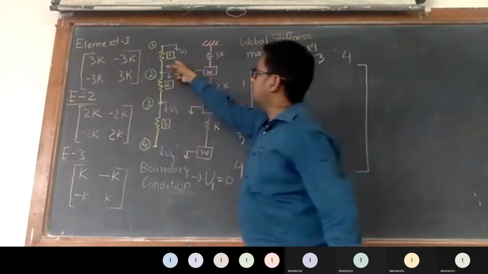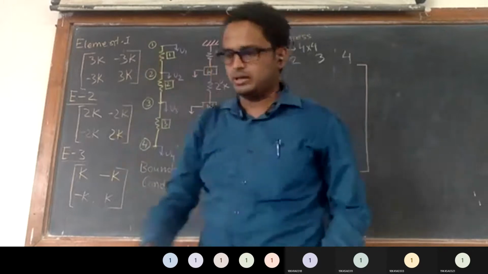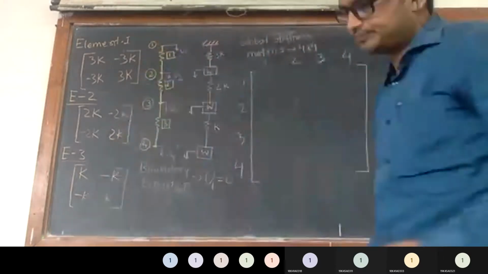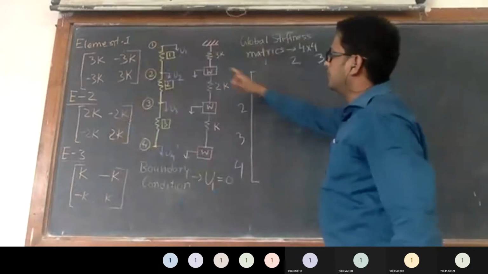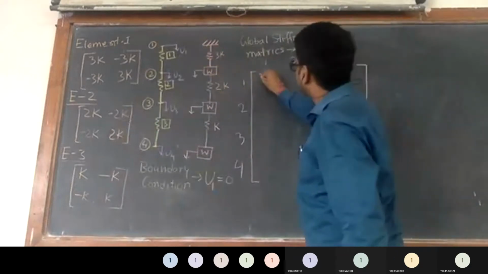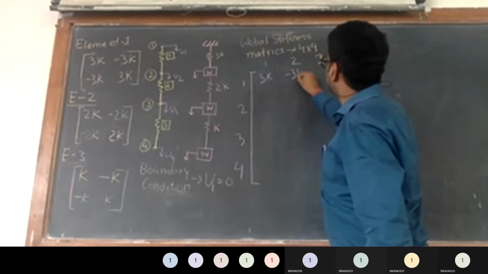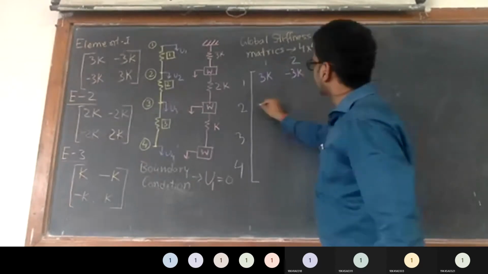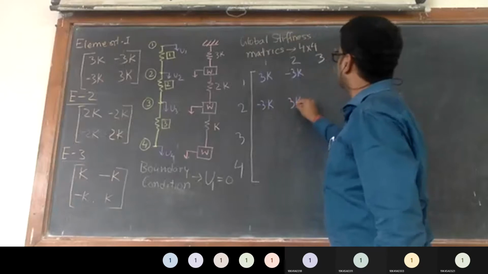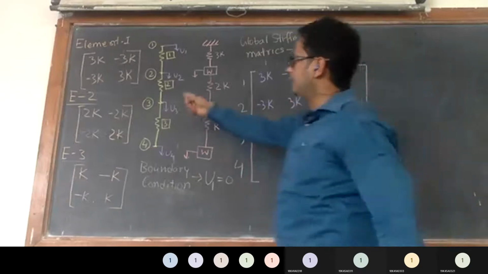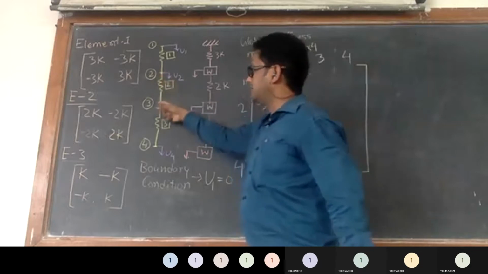Element number 1 is connected between 1 and 2. So we will write that element number 1 is 3K, minus 3K, minus 3K, 3K.